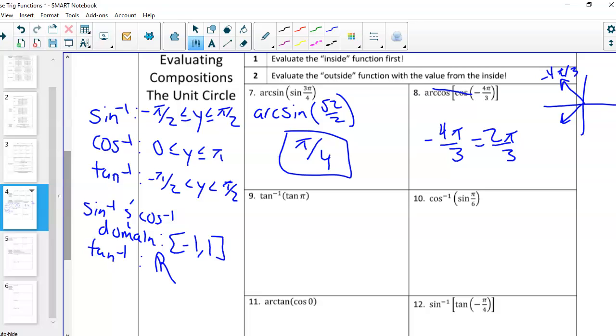Is pi in tangent's range? No. So let's evaluate. Tangent of pi is 0. Where in tangent's range is tangent equal to 0?